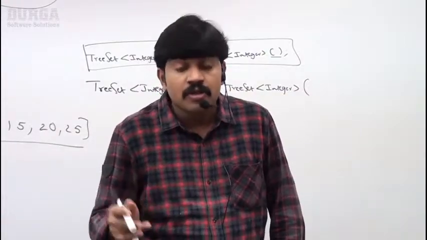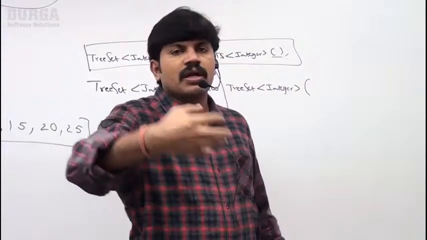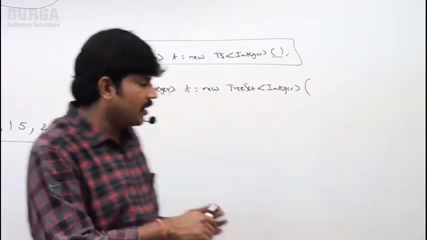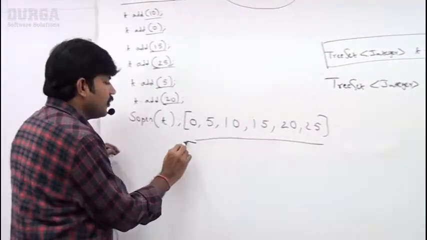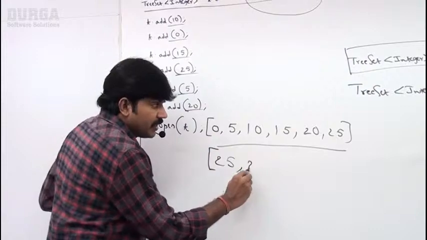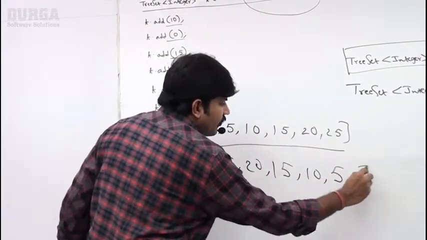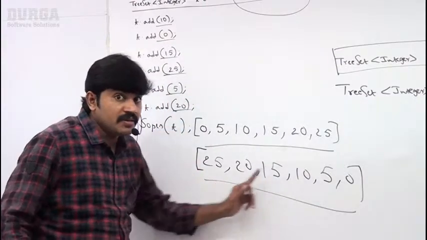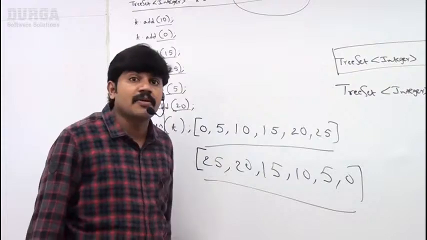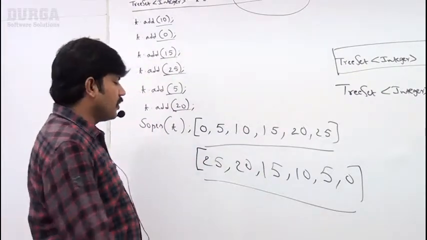Descending order I want. If you want descending order, sir, the bigger value should come before and the smaller value should come after. Can you please confirm what descending order is? 25, next 20, next 15, next 10, next 5, next 0. This is the descending order, right? If you want this descending order, then how you can write the lambda expression is very simple.